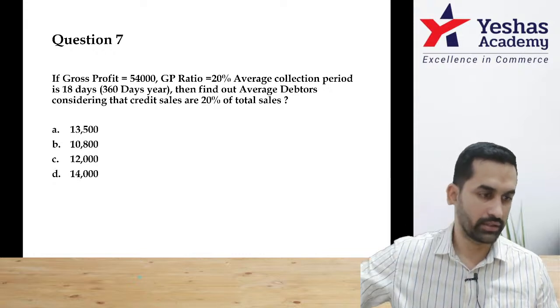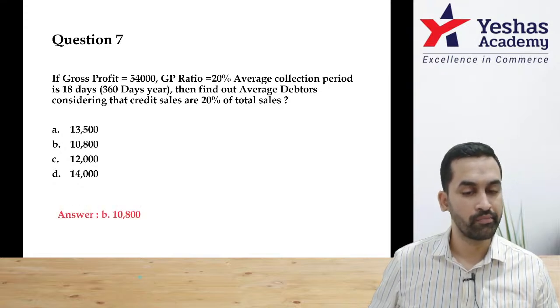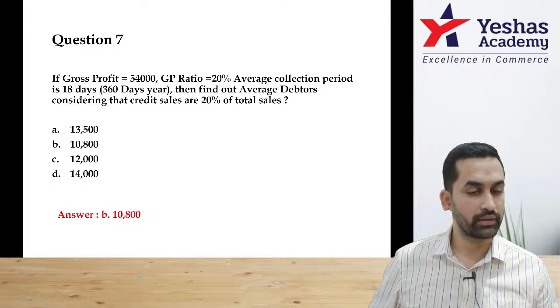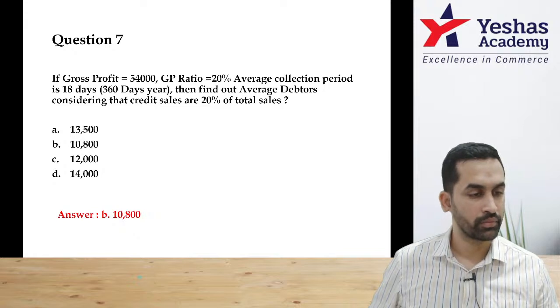Who can give me the answer? Some students are saying 10,800, option B. Question 7, option B. Is that correct? Some are saying A. Which one is the correct answer?